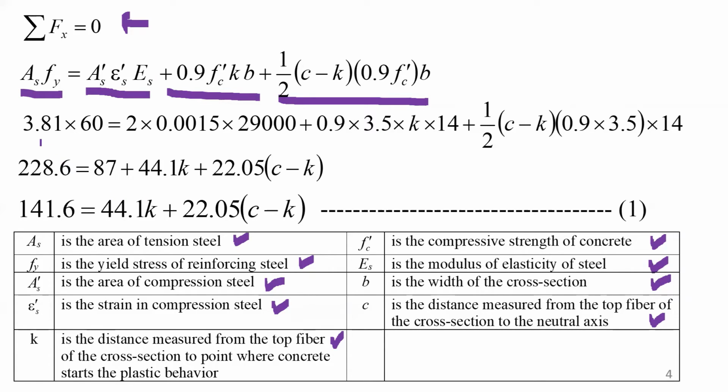If we substitute for these values, simplify the results, and rearrange the terms, we will get equation 1. Notice that there are two unknowns in equation 1, c and k, and our goal becomes finding these two unknowns.